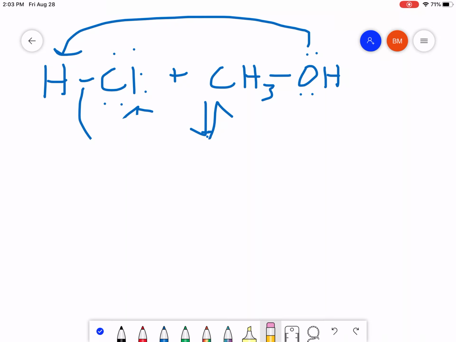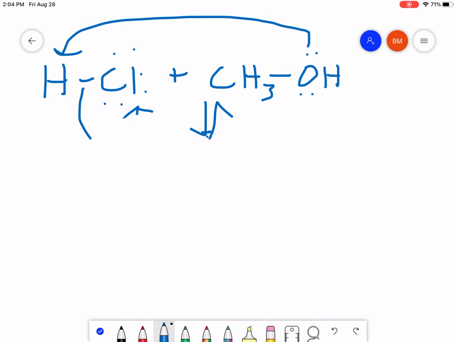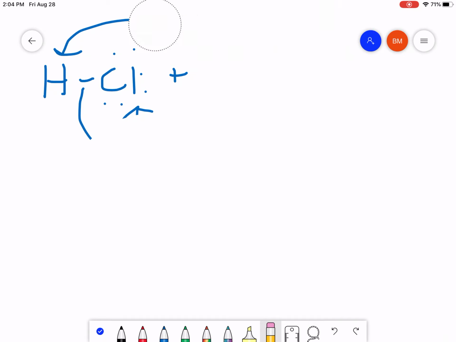How do I know which one actually gets rid of a, that's annoying. All right, apologies for that. Anyway, they both have H's. So how do you know which one is actually going to give up the H and which one's going to accept it? Well, like I said, there's a couple of different ways.